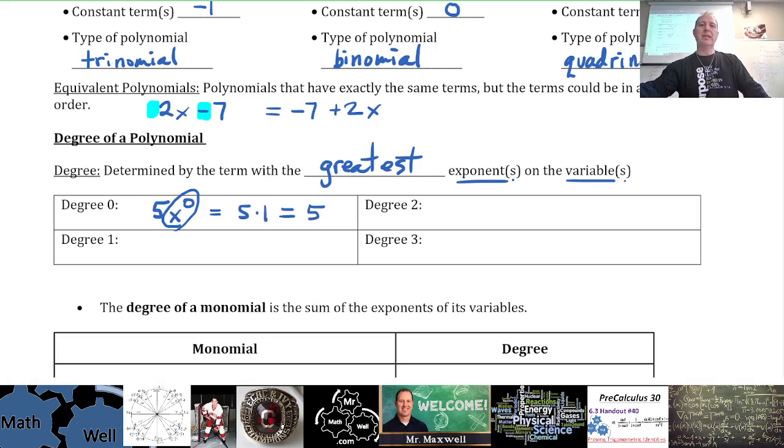So a degree 0 would be a monomial that is just a constant. It's a constant polynomial, just a constant term.